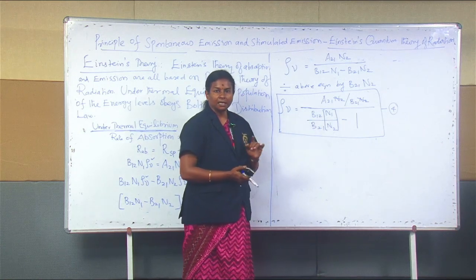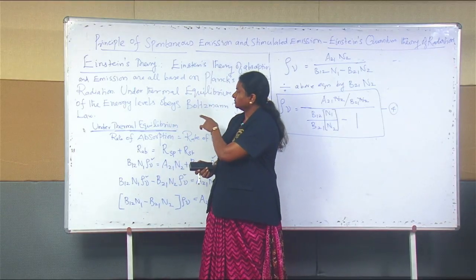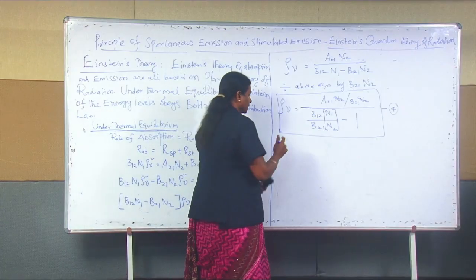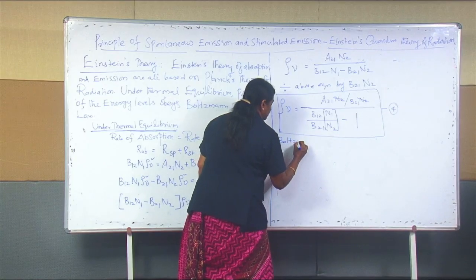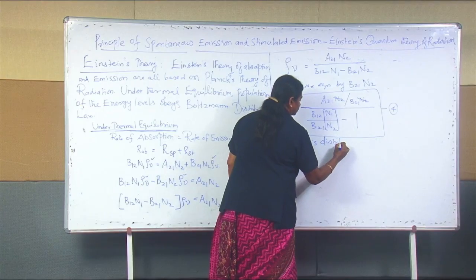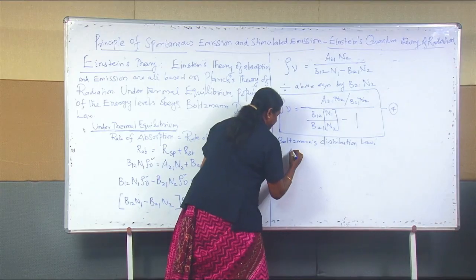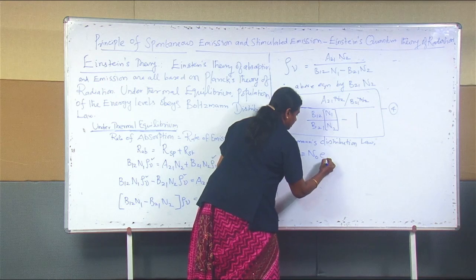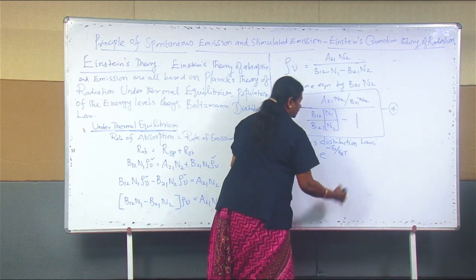For that, as already mentioned here, the energy levels obey Boltzmann statistics. So according to the Boltzmann distribution law, N1 can be written as N0 into e to the power of minus E1 by kBT.